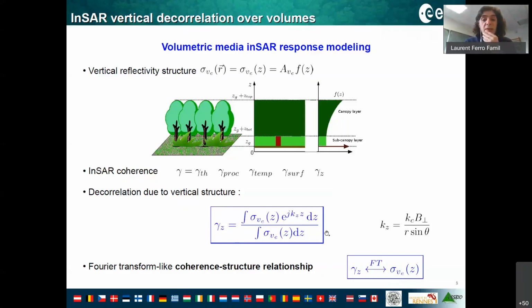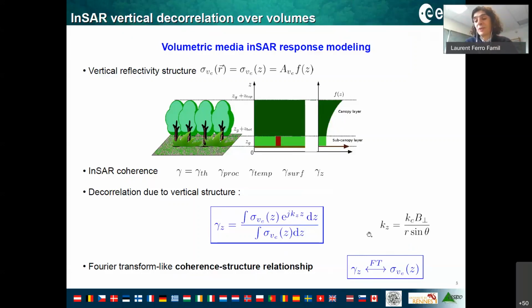When you show this to electrical engineers or radar engineers, what they see here is a Fourier transform. This has exactly the shape of a Fourier transform. So we can say that the relationship between the vertical structure of a volume, once you have isolated the part which depends only on elevation, and the interferometric coherence is a Fourier transform.